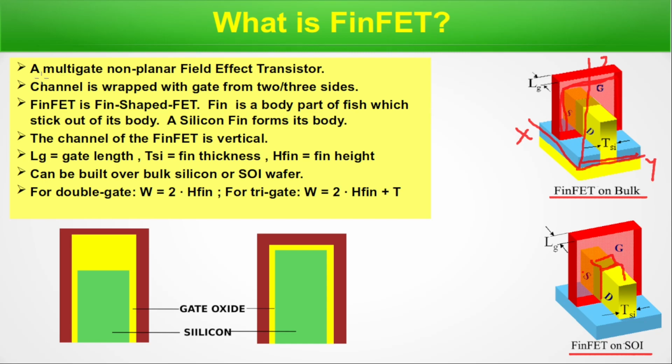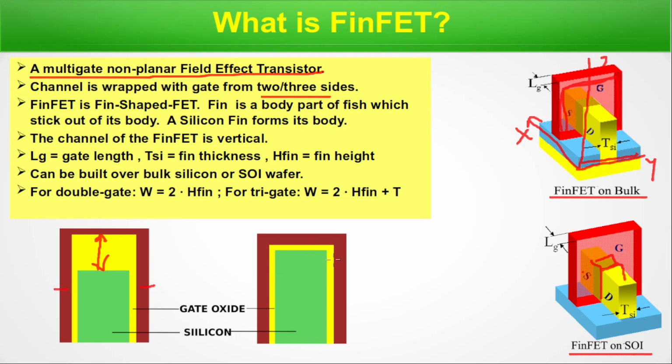What is a FinFET? It's a multi-gate non-planar field effect transistor. Multi-gate, more than one gate; non-planar, because it's not on the same plane of the wafer. The channel is wrapped with gate from 2 or 3 sides. Due to the structure and operation, we consider it as double gate or triple gate. Like here, the oxide thickness is more in this direction, so it's basically double gate.